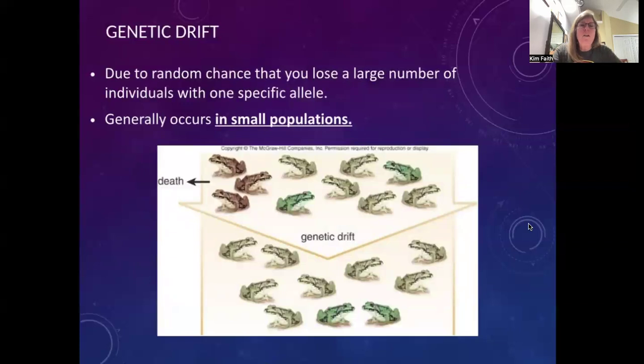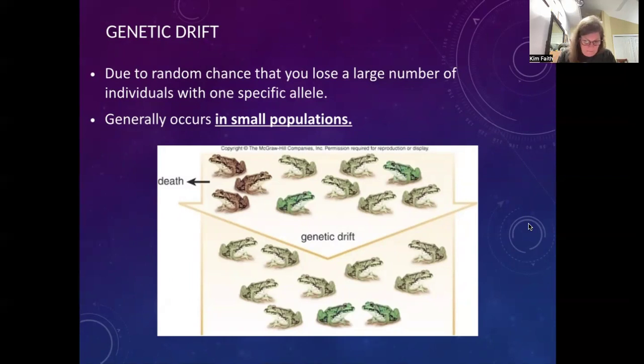Now, there is this thing called genetic drift. We've talked about natural selection, survival of the fittest, but there is this term called genetic drift. Genetic drift generally occurs only in small populations. This is where some freak accident happens and it takes out a number of individuals.